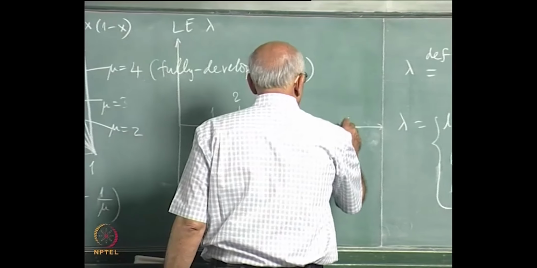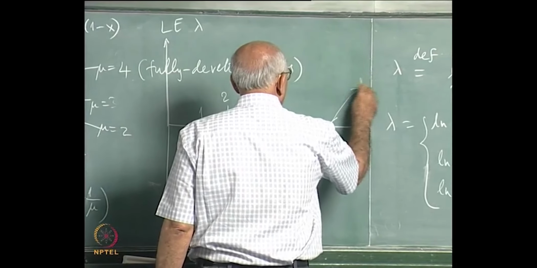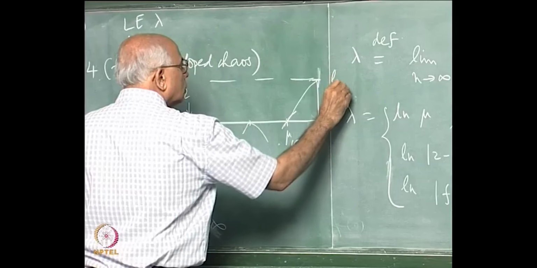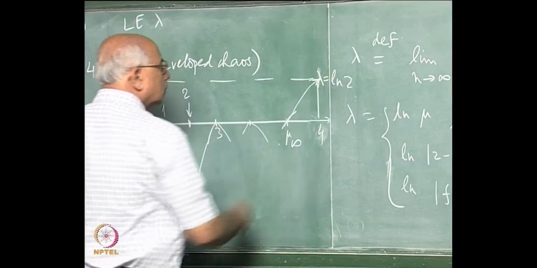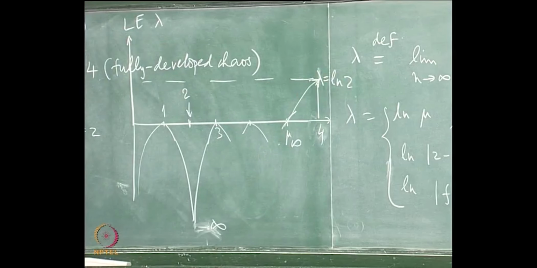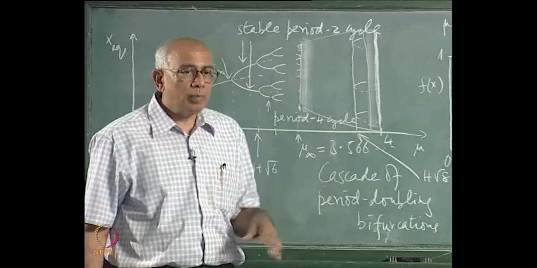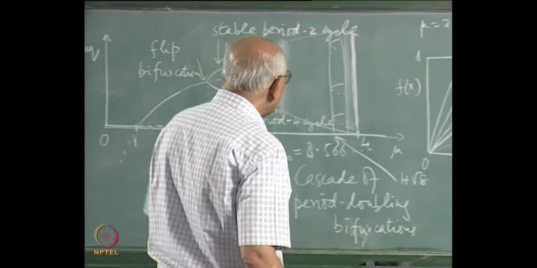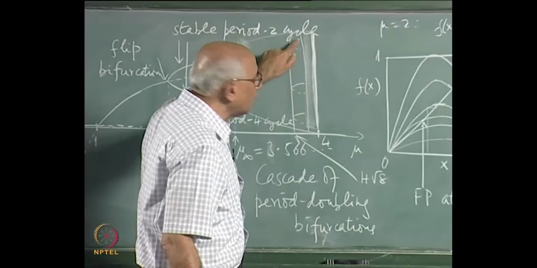And at that stage, it hits a limiting value at mu equal to 4, this value is log 2. In between, in this chaotic region, the Lyapunov exponent has only to be found numerically, there are very few analytic expressions. What would be the value of the Lyapunov exponent in this periodic window?